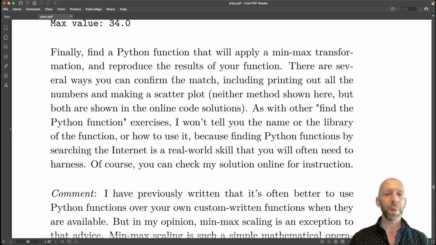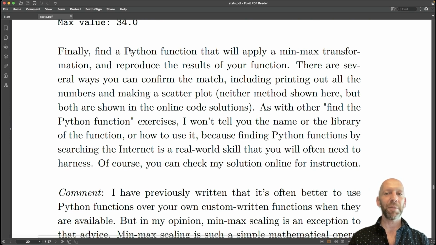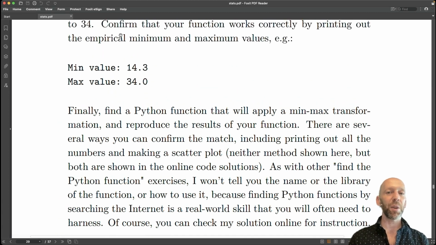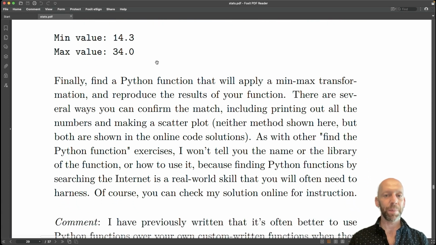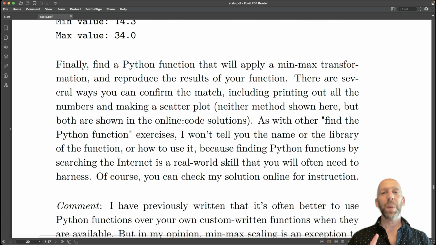And part 3 is to find a Python function that applies the same min-max transformation that you are applying in your handwritten function. Now, I'm not going to tell you the name of the function or how to use it. That's up to you.